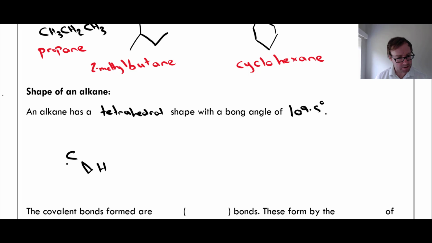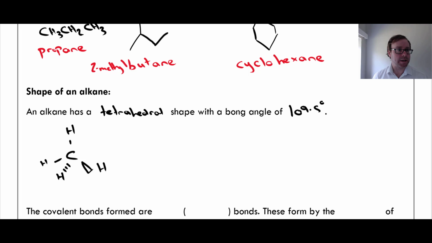It would look like this. You may notice I've drawn this wedge and this dash here, and this just means that one's going into the board and one's going out of the board. So it's a 3D structure.